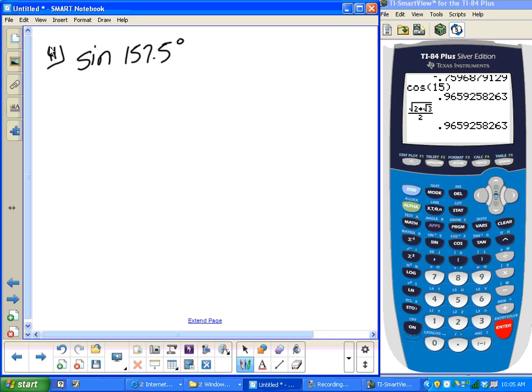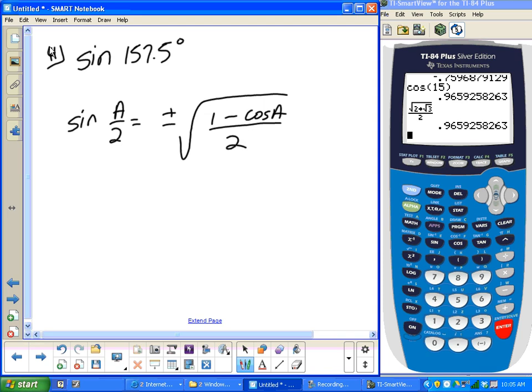All right. Now, let's look. I got to write down my half angle formula. So sine of a over 2 is equal to plus or minus big honking square root of 1 minus cosine a over 2. Did I write it down right? Is that right? Okay, thank you.